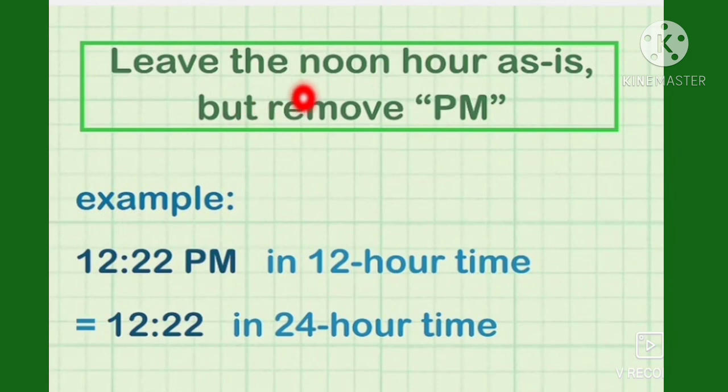Third note: leave the noon hour as is but remove PM. So, children, you don't need to do anything to change 12 PM to 12 in 24-hour time except eliminate the PM signifier.